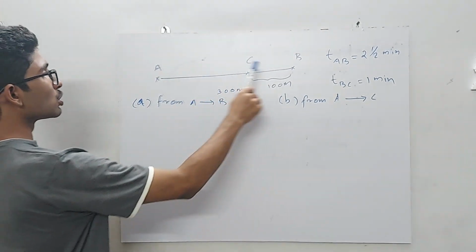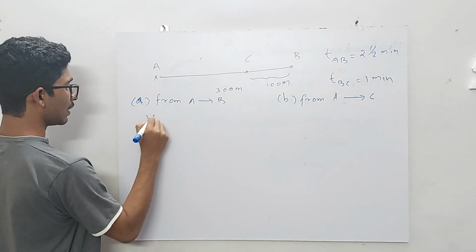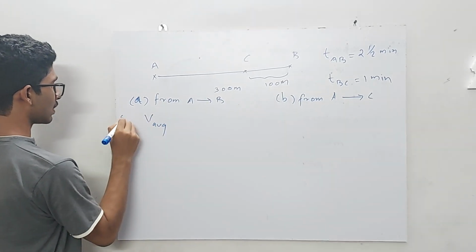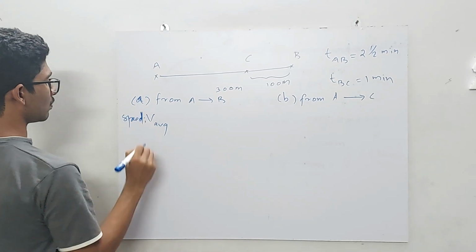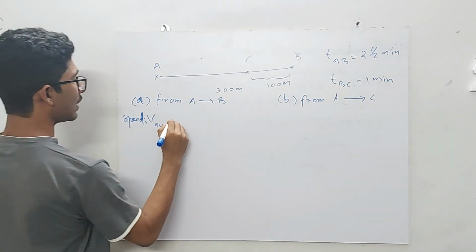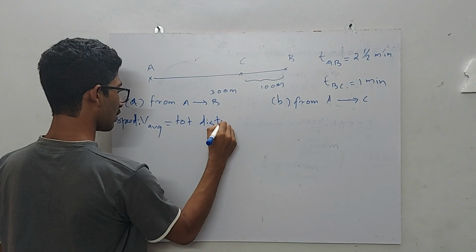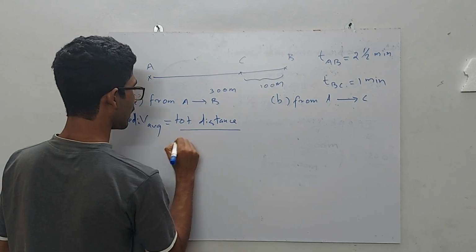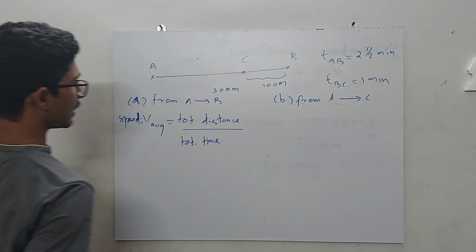So in A to B motion, we need to calculate average speed. So what is the equation for average speed? V average is total distance by total time, isn't it?